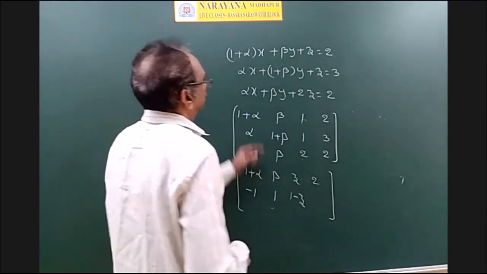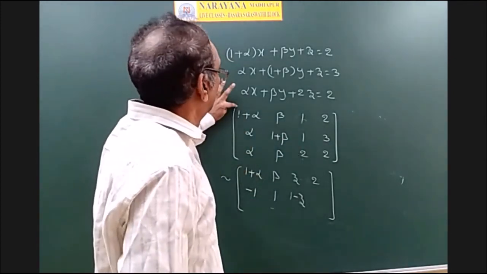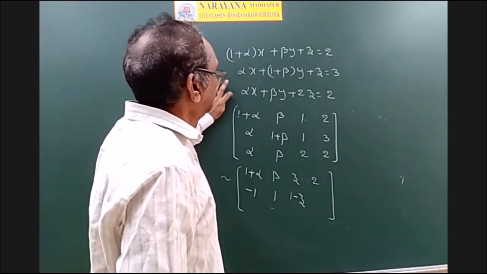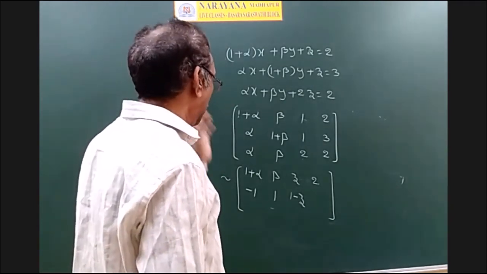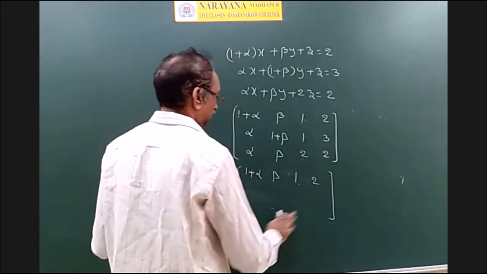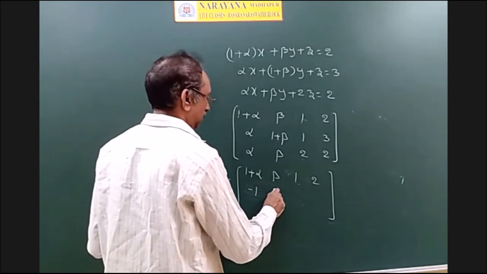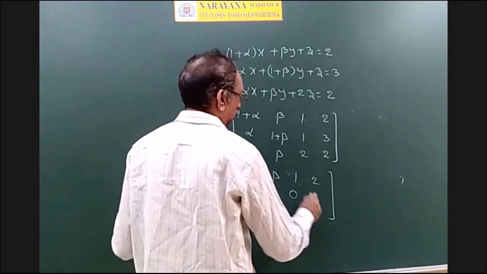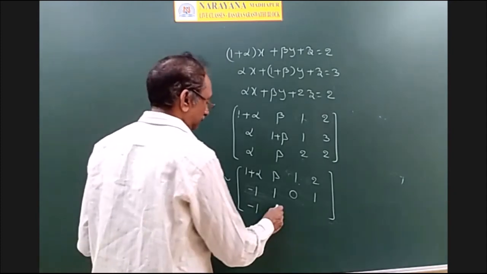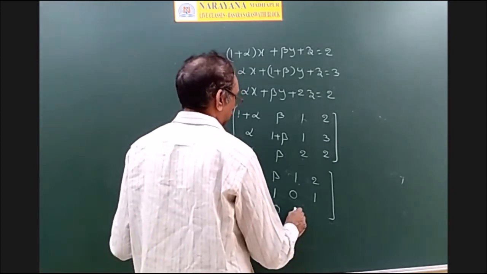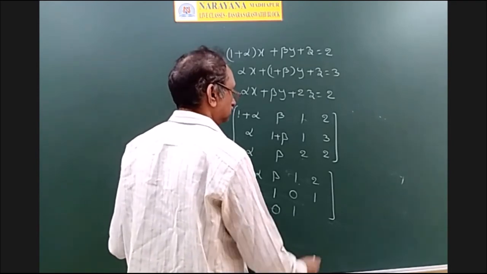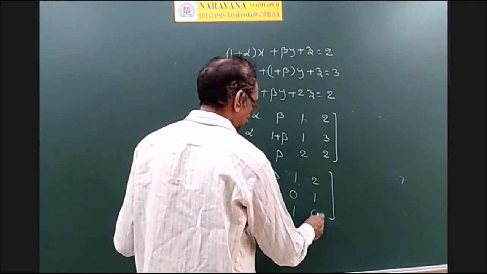So 1 only. See once again: 1 plus alpha, beta, 1, 2; alpha, 1 plus beta, 1, 3; alpha, beta, 2, 2. Now this row is minus 1, 1, 0, 1, and this is minus 1 and 0, and this is 1, and this is also 0.